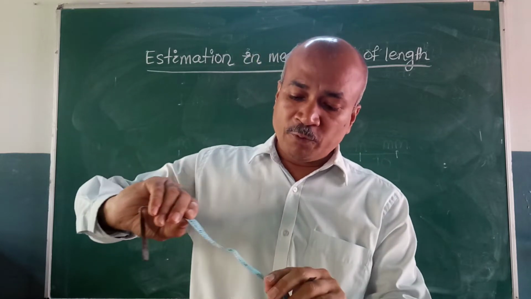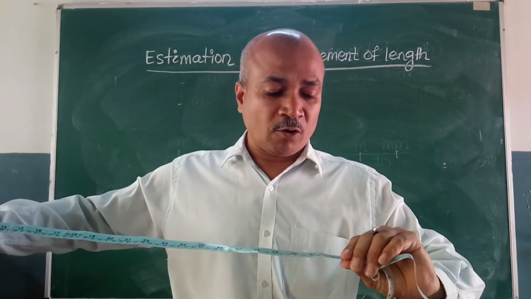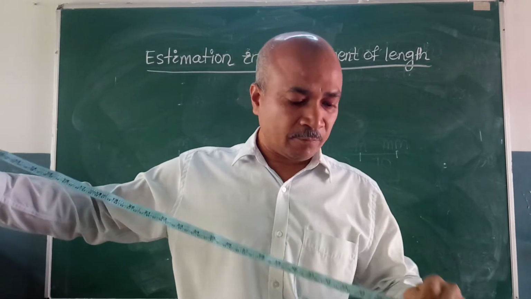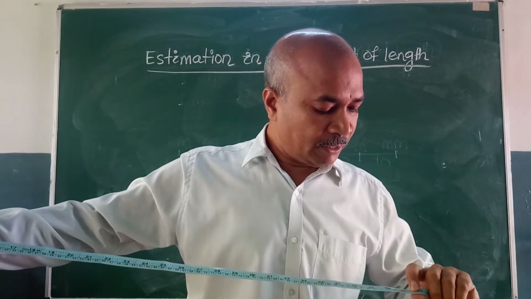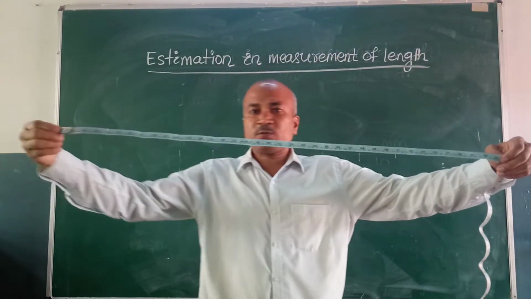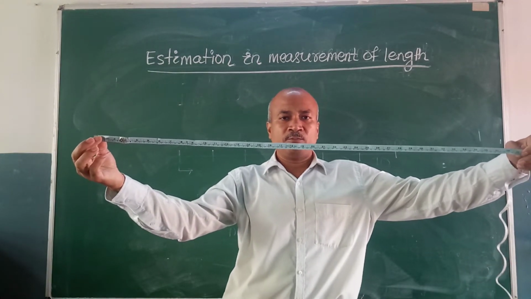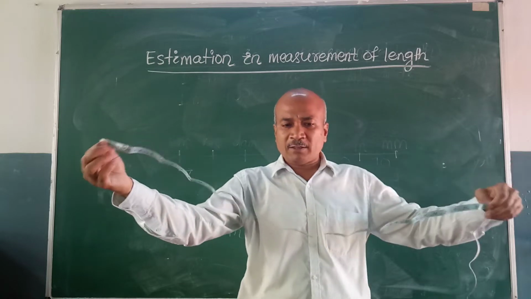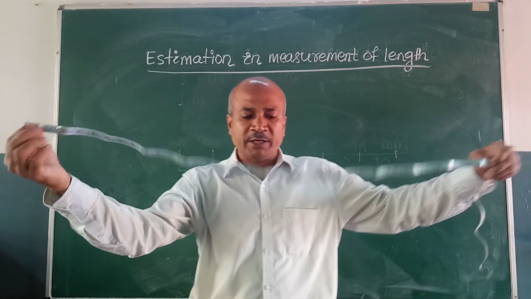And if we take up to 100 centimeter, then that will be called 1 meter. So approximately if it comes up to this, this much length will be termed as 1 meter. So if you mark this much length, that will be termed as 1 meter.